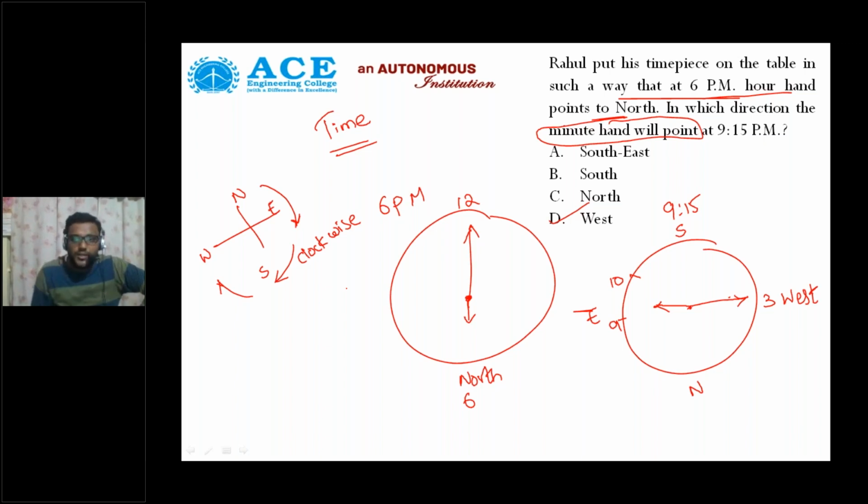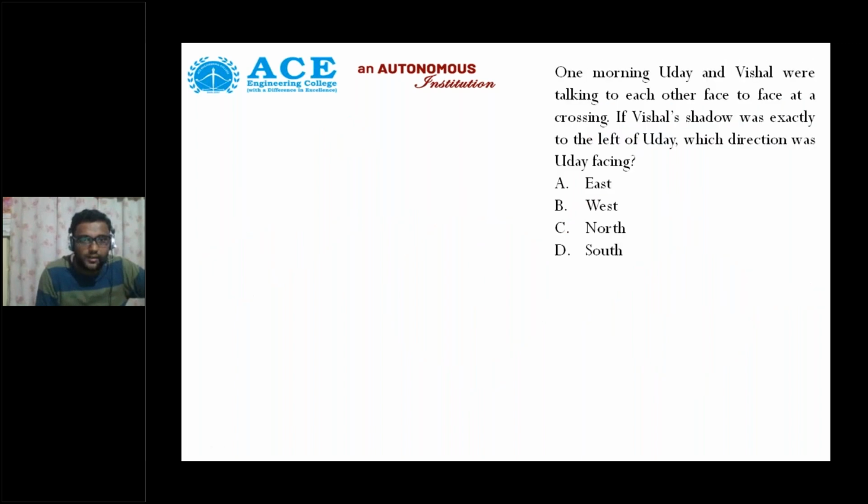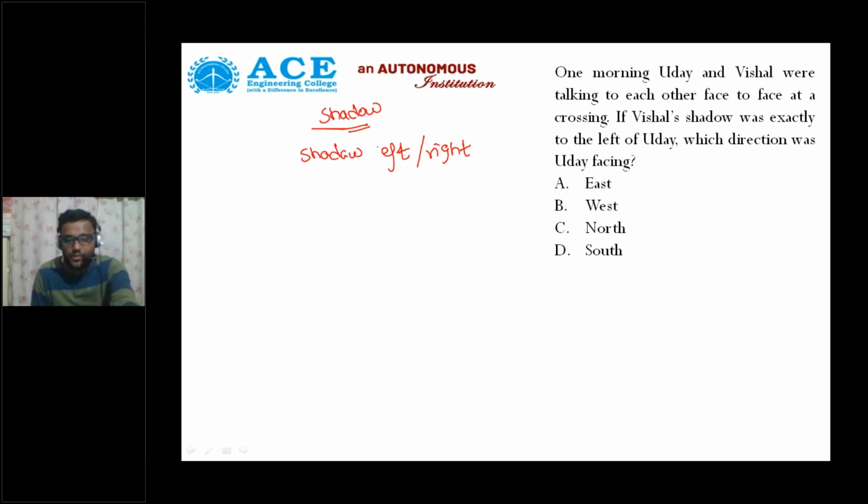Now let's see the shadow related discussion. So friends, in this shadow related concept, they'll mention in the question whether the shadow is to the left or right. See this, when is shadow left or right possible? When people are sitting like this.